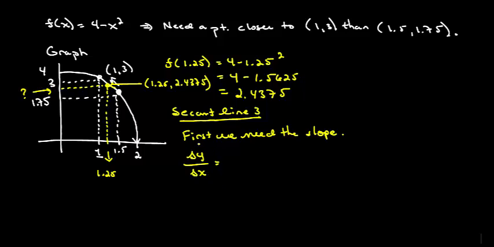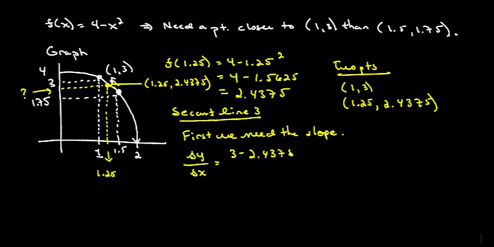That's this length here on the y-axis, basically the difference between our height value of 3 and our height value of 2.4375. So if I grab these 2 points, the change in the y value is going to be 3 minus 2.4375. That's this one minus this one.